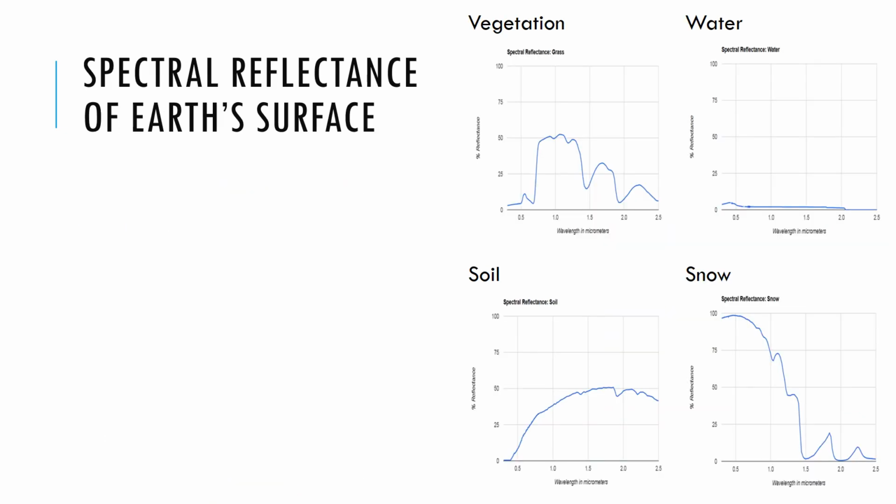Here is another example of properties varying with wavelength, and this is in the environmental context. You see reflectance for vegetation, water, soil, and snow. Notice how snow is different from water, and also vegetation and soil are quite different from those two.